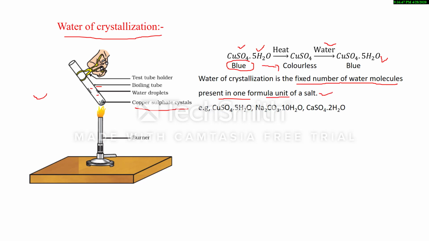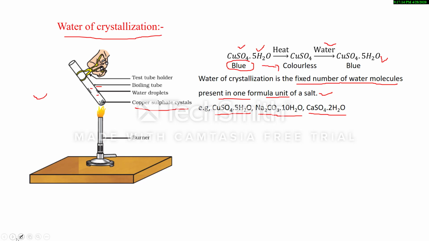For example, copper sulfate pentahydrate, penta for 5, which is blue in color. Na2CO3·10H2O, sodium carbonate decahydrate. CaSO4·2H2O, calcium sulfate dihydrate, which is also known as gypsum. So this is about water of crystallization.